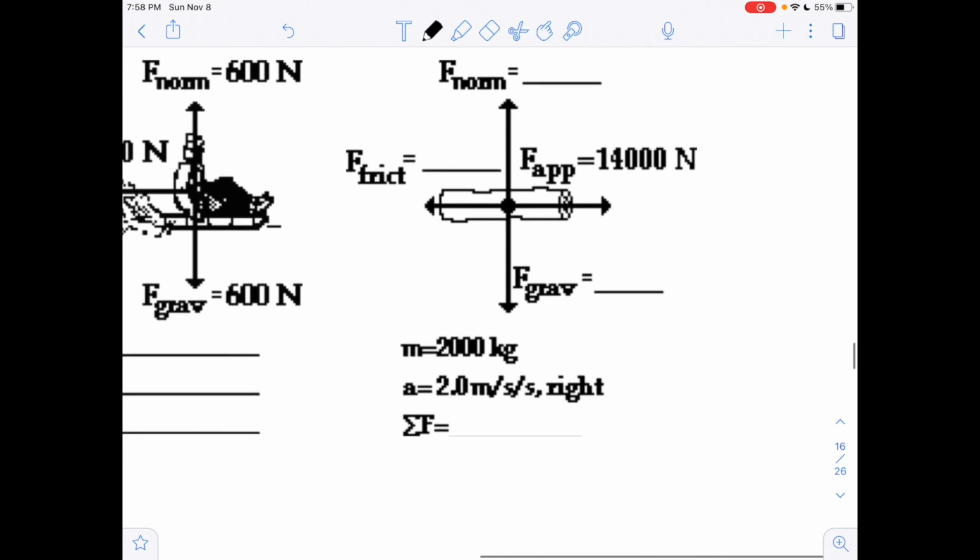So we can again start by finding the net force because we have both mass and acceleration. So net force is going to be equal to 4,000 newtons. I'm just taking that 2,000 kilogram, multiplying it by 2 meter per second squared. We can find F grav by doing mass times gravity. So we'll do 2,000 kilogram times 10 to get a gravitational force of 20,000 newtons.